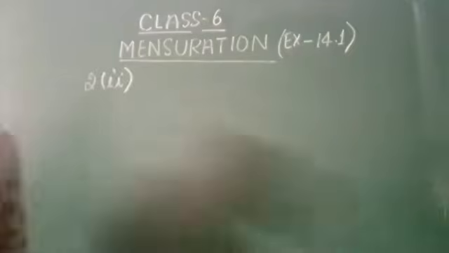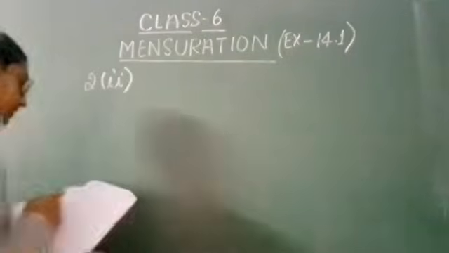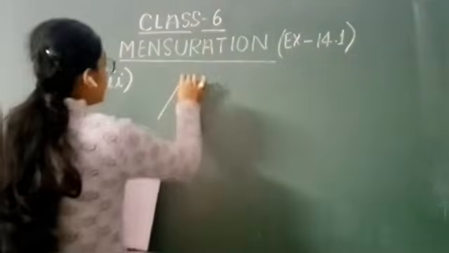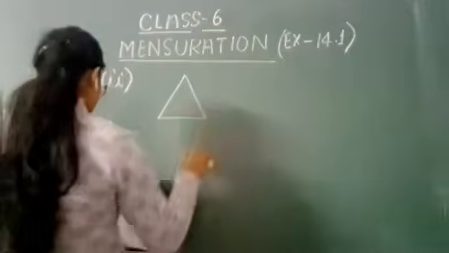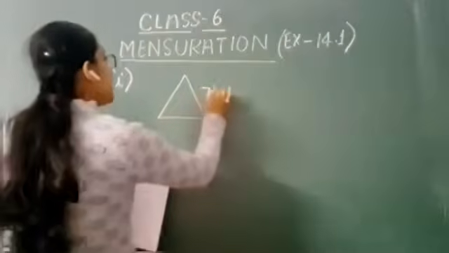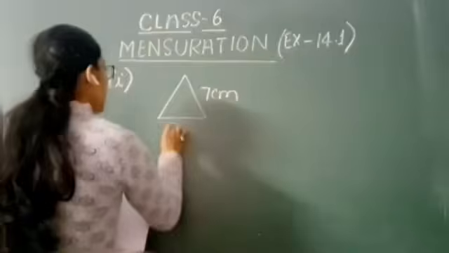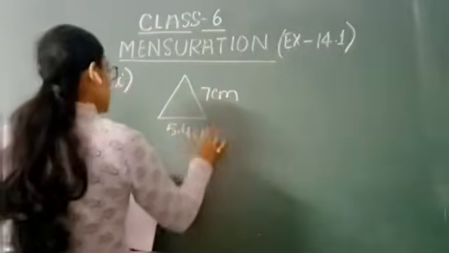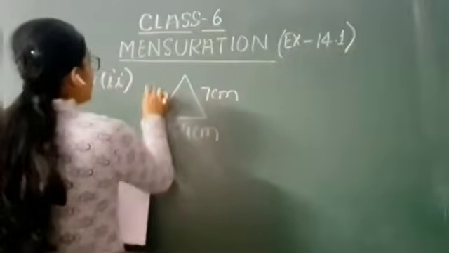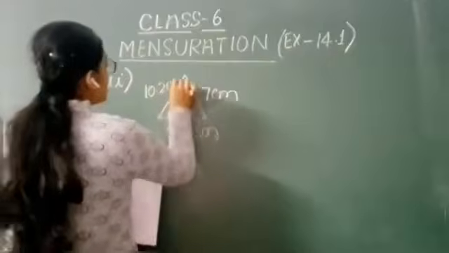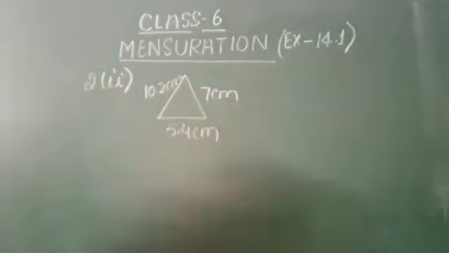In the second part, it is given a triangle which has sides 7 cm, 5.4 cm and 10.2 cm.